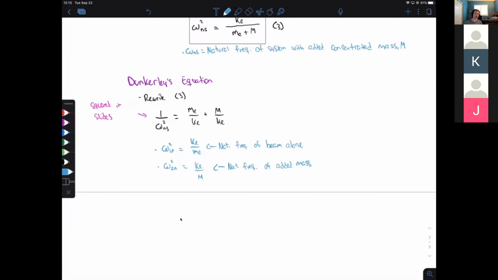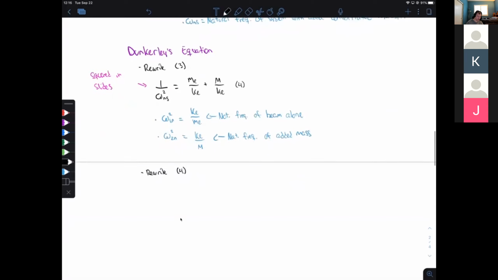Okay, so now we're going to rewrite equation 4 now. So this is equation 4. We're going to rewrite that. So we're going to have 1 over omega ns squared.